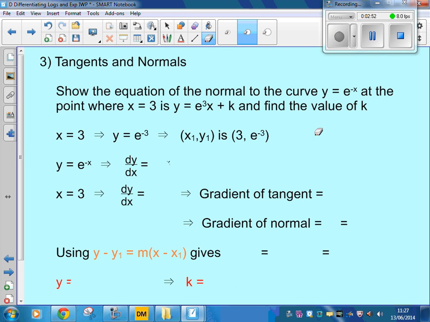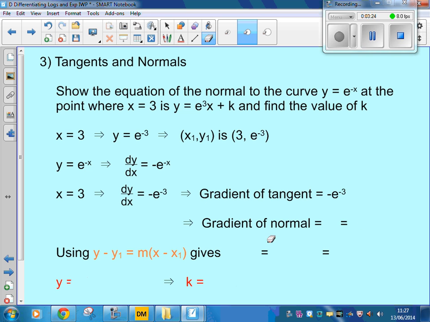We also need to differentiate to find the gradient of the curve. And if you differentiate e to the minus x, you get minus e to the minus x, because differentiating minus x comes to minus 1. When x is 3, then this is minus e to the minus 3, so that tells you that the gradient of the curve at x equals 3 is minus e to the minus 3, and the gradient of the tangent is the same, it's minus e to the minus 3.